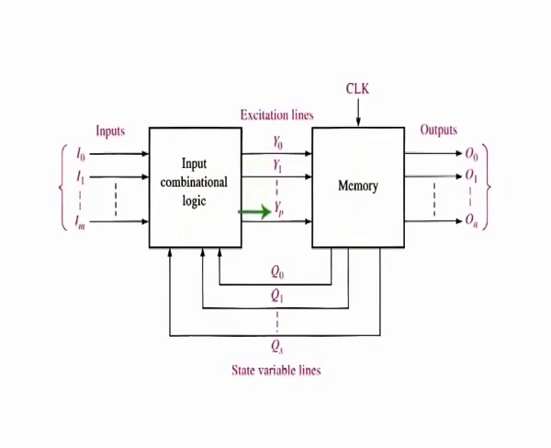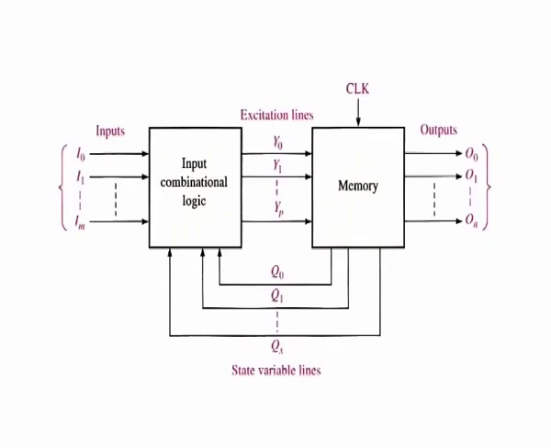The present state of the memory is represented by the state variables. These state variables along with the inputs determine the system outputs. Not all sequential circuits have input and output variables as in the general model just discussed.